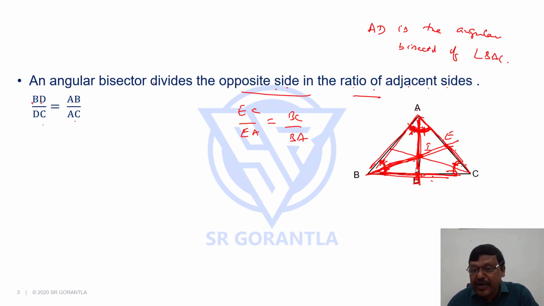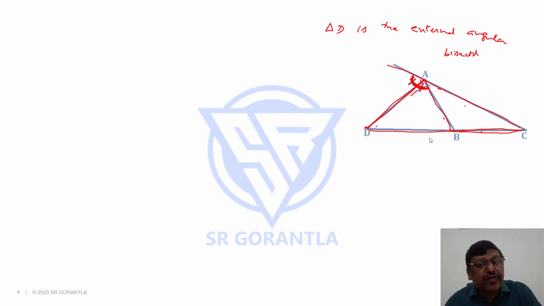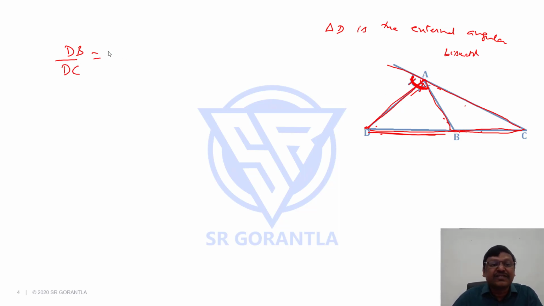If it is an internal angular bisector, it divides internally. If it is an external angular bisector, it divides externally. It means DB by DC will be the same as AB by AC. I repeat, DB by DC will be the same as AB by AC. The only thing is it is dividing externally.